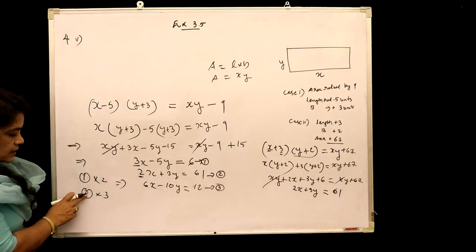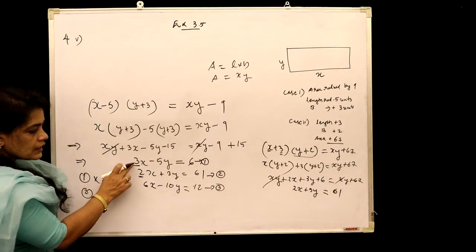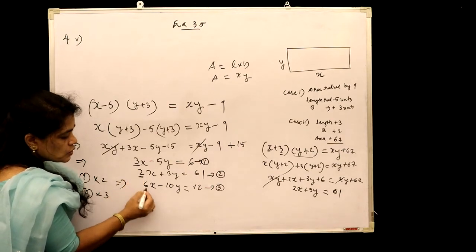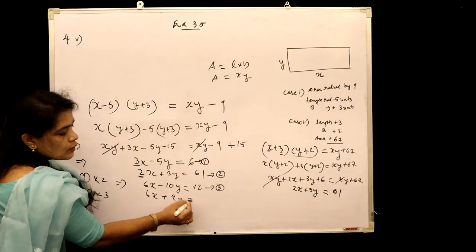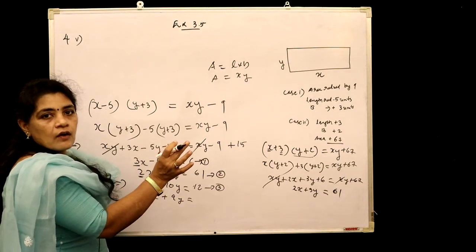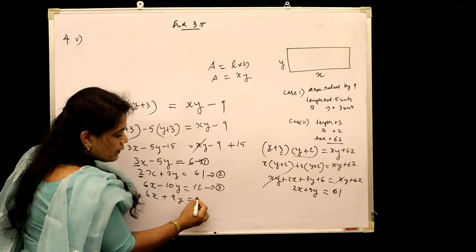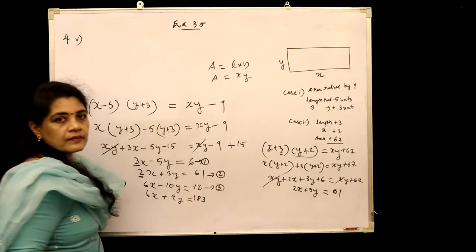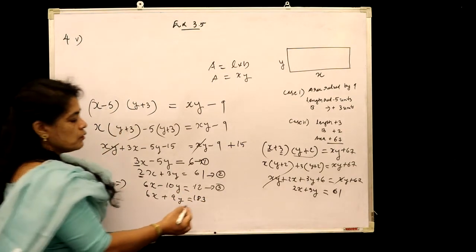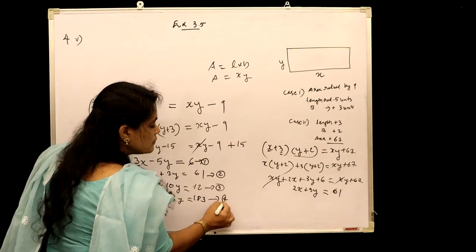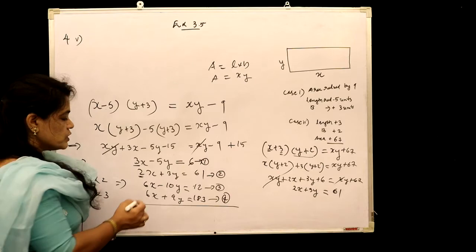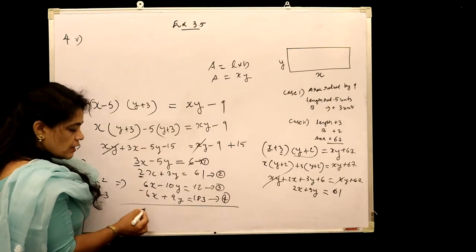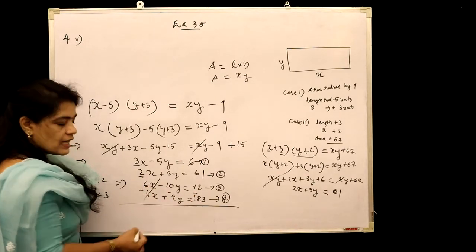And in the second case, equation 2 multiplied by 3: 3 twos are 6x, 3 threes are 9y, equal to 3 into 61, that is 183. This can be equation number 4. Now in order to eliminate x, we made the coefficient of x the same, so we subtract and it gets cancelled.